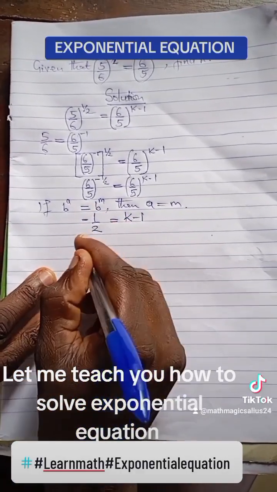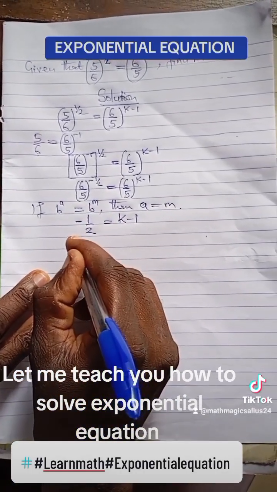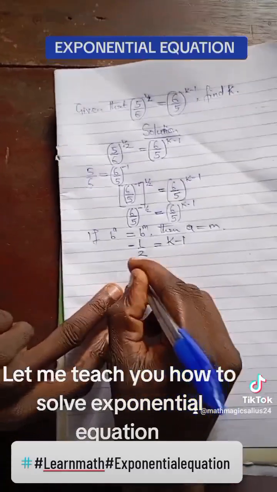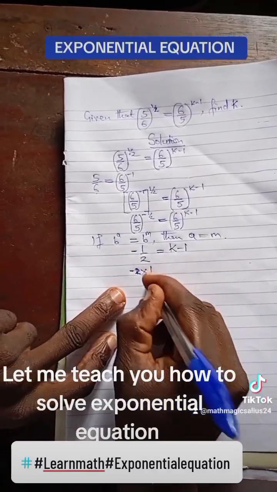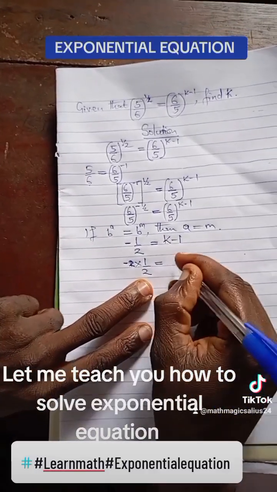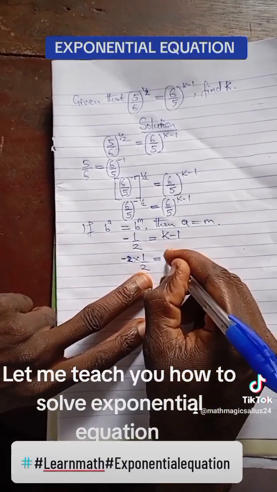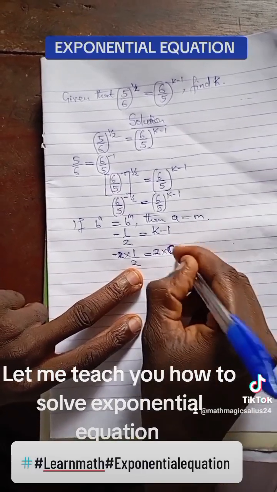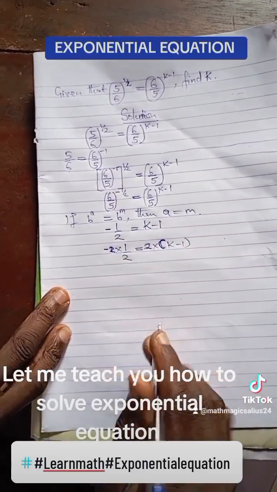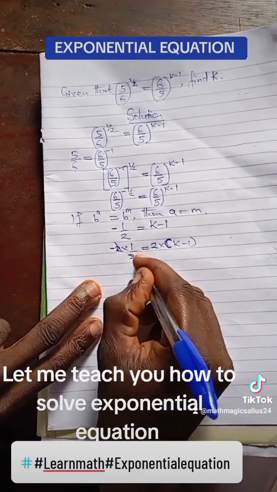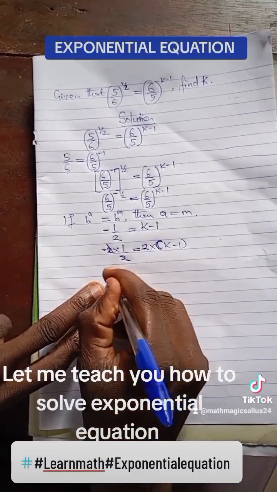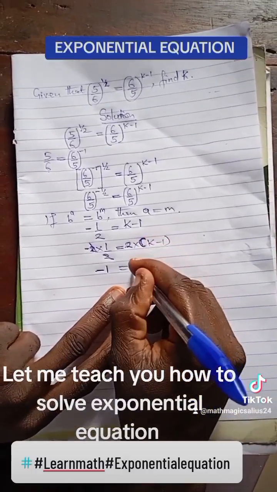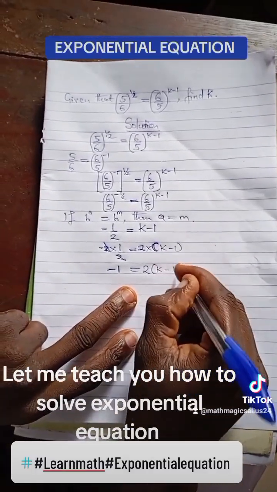If I multiply both sides by 2, I'm going to have minus 2 times 1 over 2 equal to 2 times (k minus 1). So this cancels. I'm going to have minus 1 equals 2 into (k minus 1).